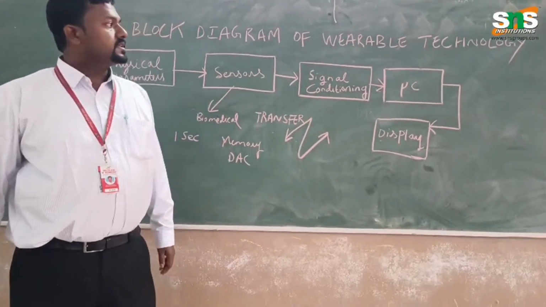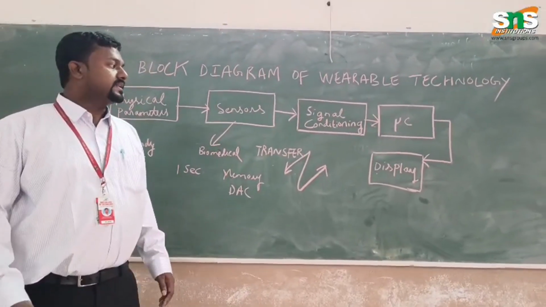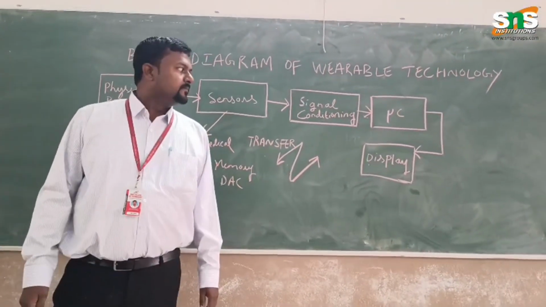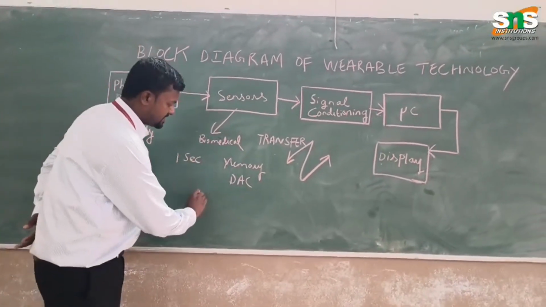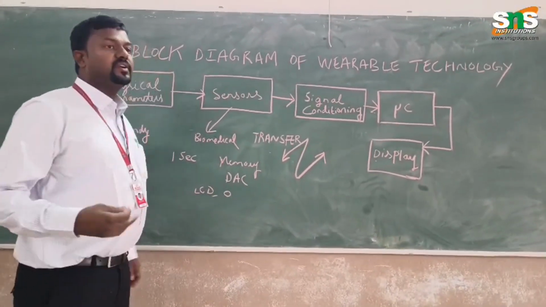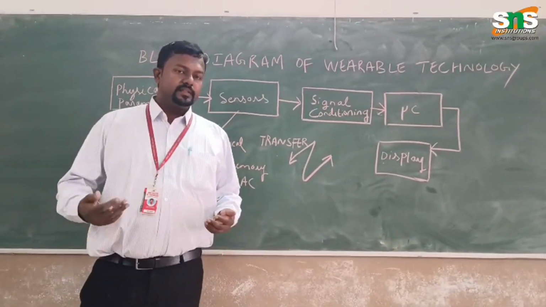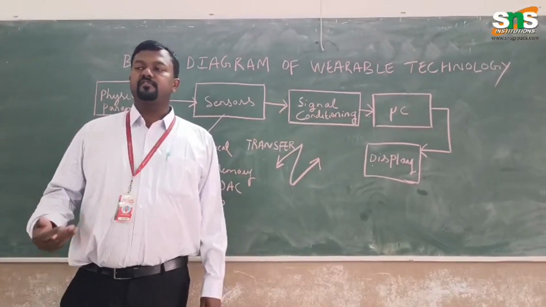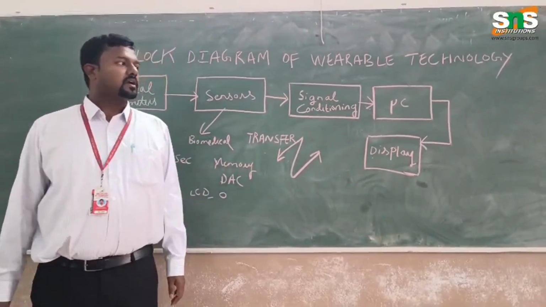So we use signal conditioning and microcontrollers to get the signal in a digital format. The digital format comes in the form of a display, such as LCD, OLED, etc. Like this, different kinds of display modules are available. With the display modules, we can find whether the parameters of our body are normal or not.